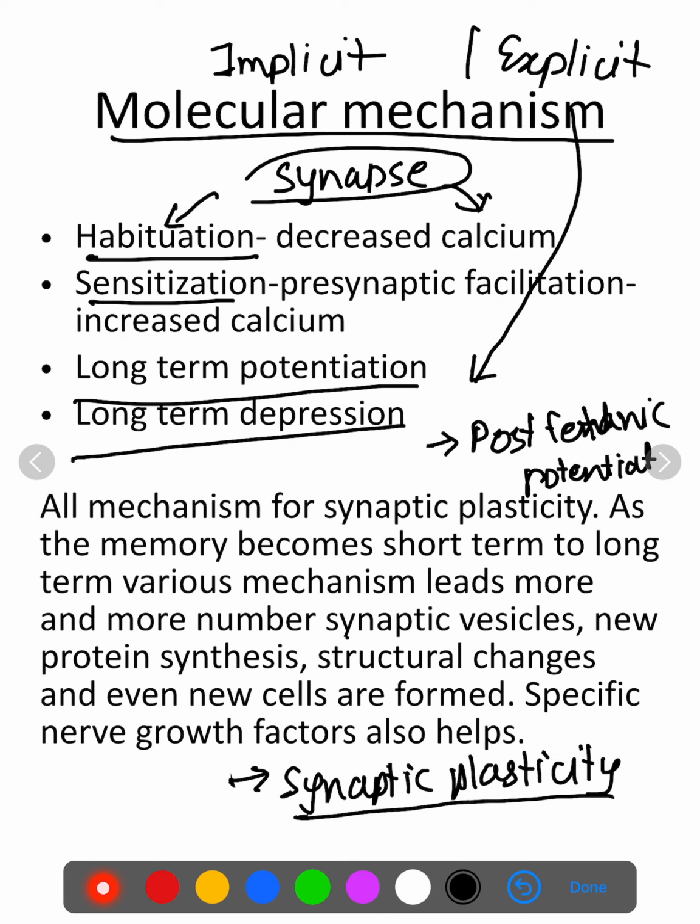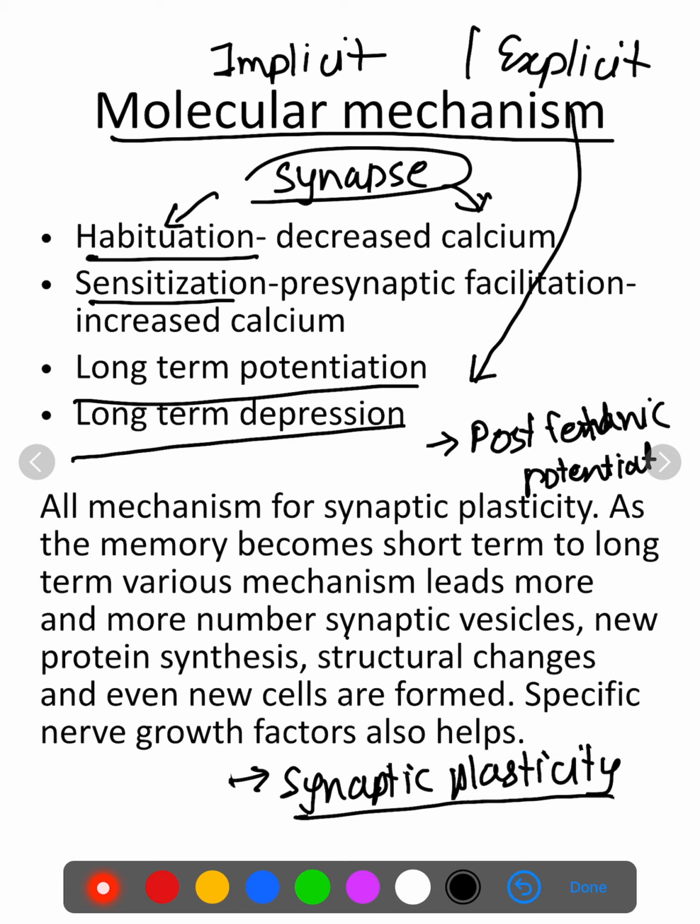Before studying this molecular mechanism, I will tell you in general how you are memorizing. Whenever you are learning anything for the short term, initially some mechanism will occur at the level of the synapse. If strong emotional components are there, then potentiation will be there, meaning long-term potentiation or sensitization.